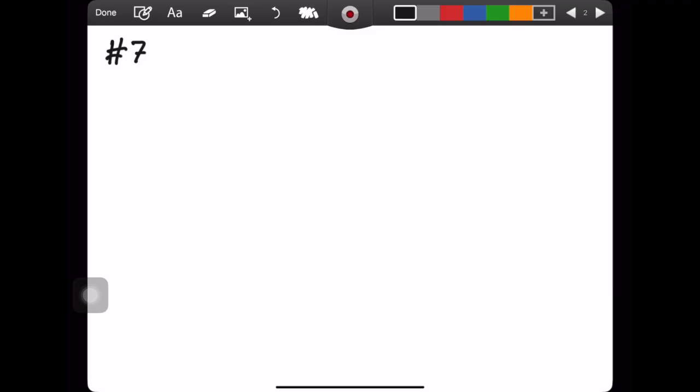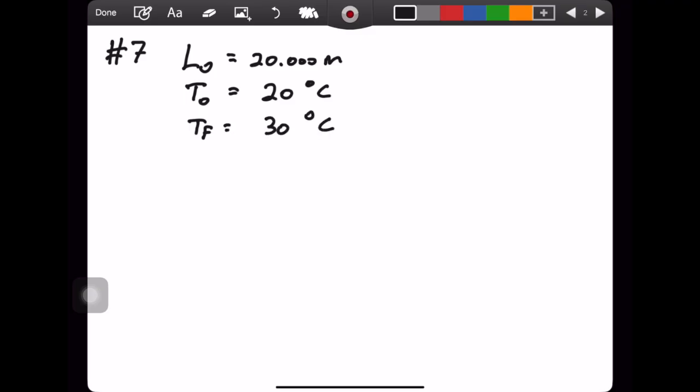So we have a problem where we've got an object, and the object has some initial length equal to 20.000 meters. We're told that the initial temperature is equal to 20 degrees Celsius. We're told that the final temperature is equal to 30 degrees Celsius. So we know that there is a heating up going on, which is to say that there's going to be a little bit of lengthening of the object from its original length of 20 meters.